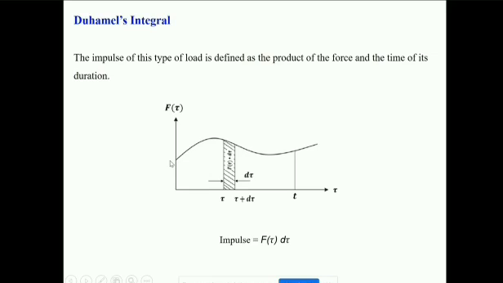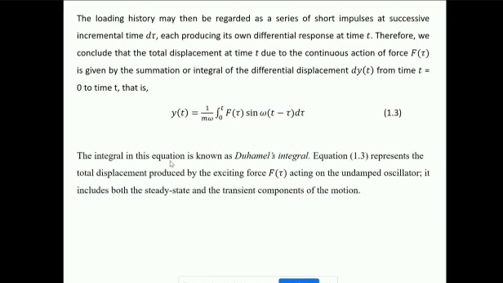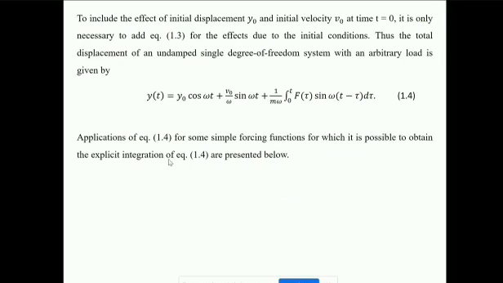To make it more generalized, if the initial velocity and initial displacement are given, then this part will be added: y0 cos omega t plus v0 over omega sin omega t plus this integral.